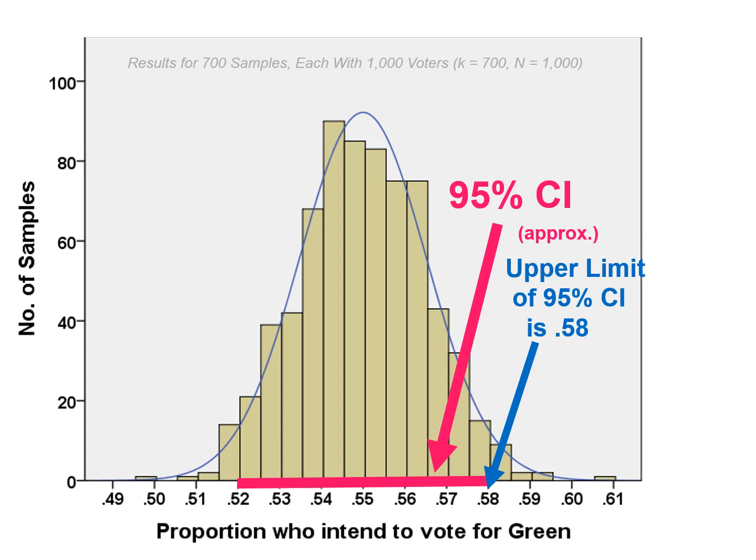When we estimated the upper limit of the 95% confidence interval, we came up with a value of 0.58. So when we compare this to the actual value, it's not that off. We were very close to the actual value.